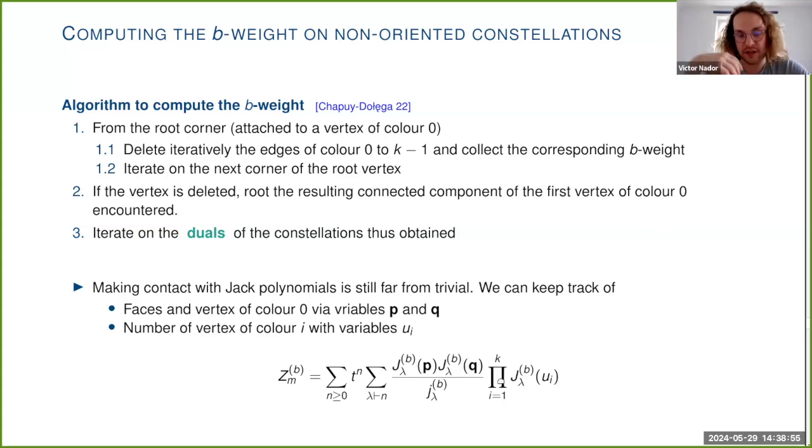And for the intermediate color from 1 to k, they give it a weight u_i for each vertex of color i, and this corresponds to taking the principal specialization, which means that every variable for this set of variables is evaluated in u_i.